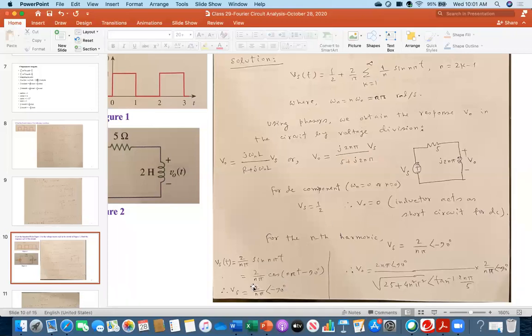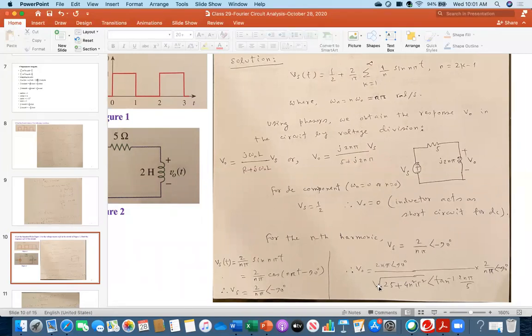And now you substitute this Vs value into this equation. So everybody see that I'm writing for the nth harmonic, Vs is this one, and then V naught is, now it was j 2n pi, so I used 90 degrees. And then this Vs is this one, here I am writing, multiplied by 2 over n pi angle minus 90. And in the denominator, I am calculating its magnitude.